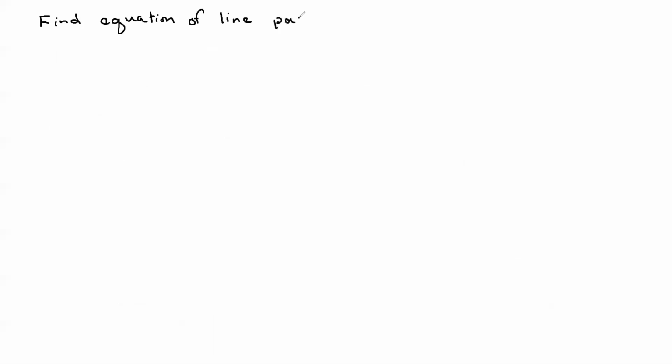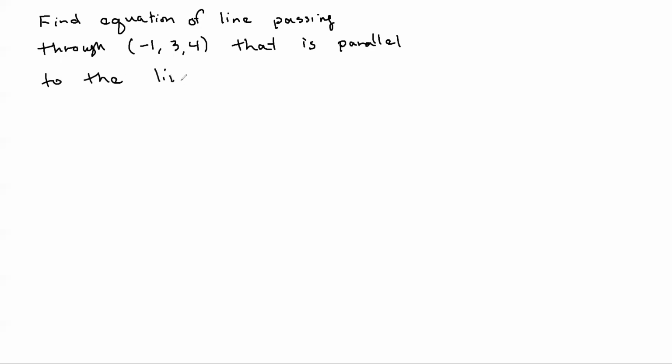Find the equation of the line passing through -1, 3, 4 that is parallel to the line x equals 3t, y equals -5t, and z equals 1 plus t.